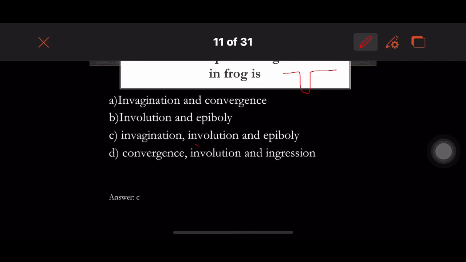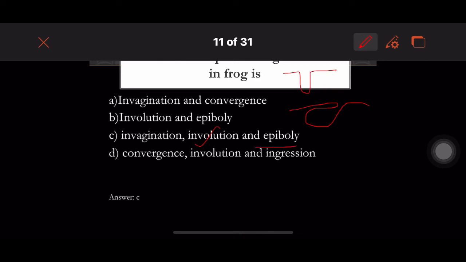Next is involution. In involution, the epithelium bends on itself like this, and then it spreads in the opposite direction, right? So this type of movement is involution.